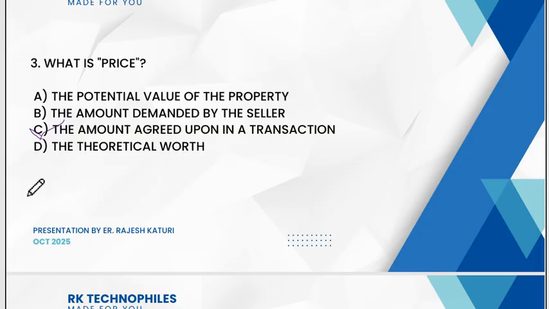There are three answers for that question if it is asked in reverse. The potential value of the property is not the price. The amount demanded by the seller is not the price. The theoretical worth is not the price. So what is the price? The amount agreed upon in a transaction. Agreed means it is finalized, so it will be reflected in the transaction in reality.